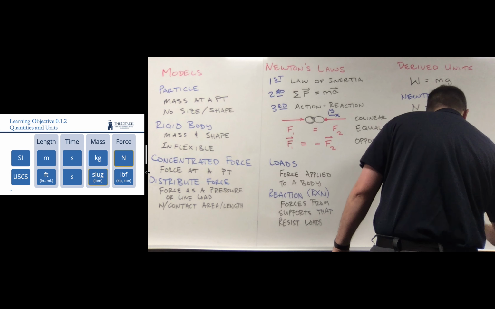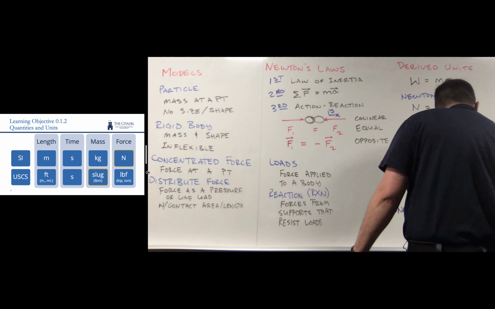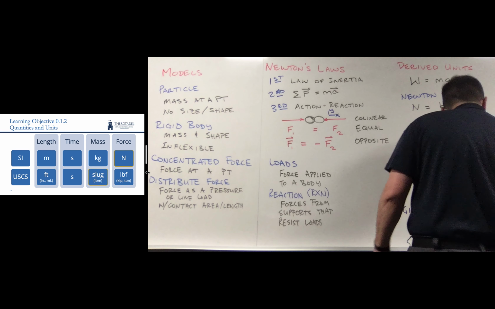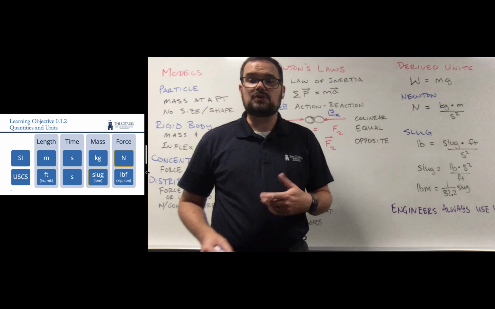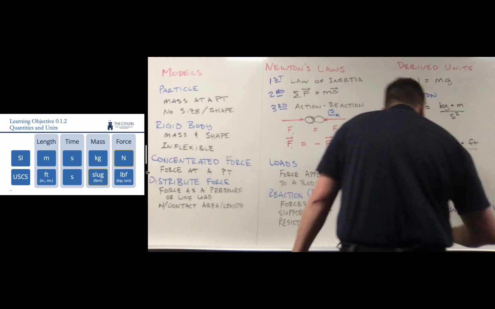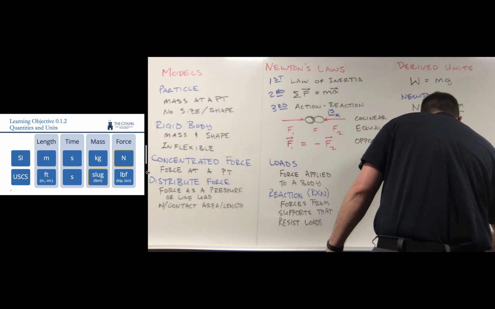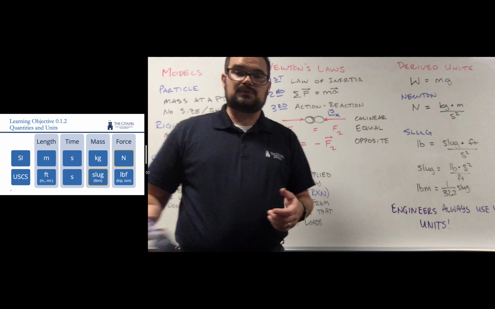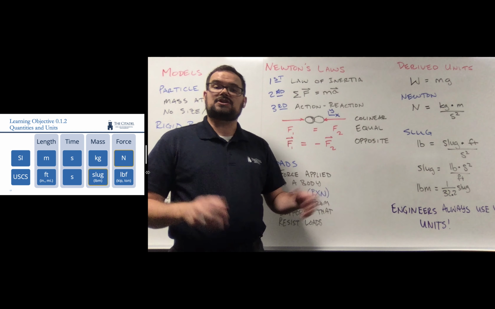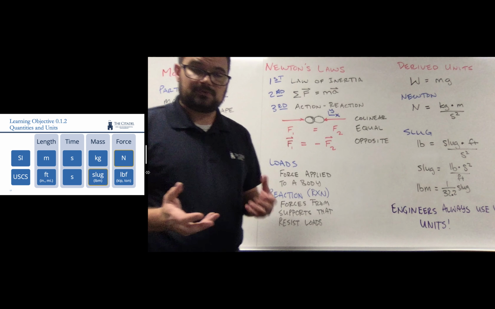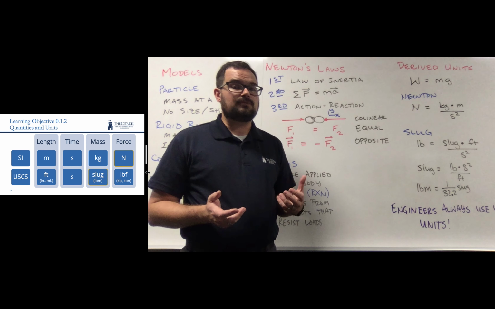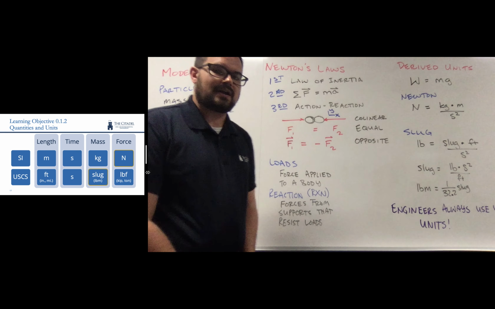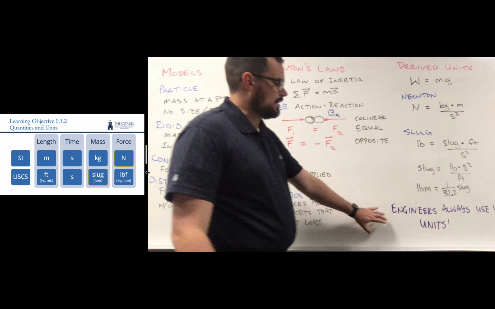Every single time you work a problem as an engineer, you write a number down, you're going to write its units afterward. You can treat those units like variables. They'll cancel each other out, they'll carry around, and hopefully you'll get the right units at the end. Especially in fluid dynamics, we do a lot of unit analysis to learn how things work. So we're always going to write our units down.